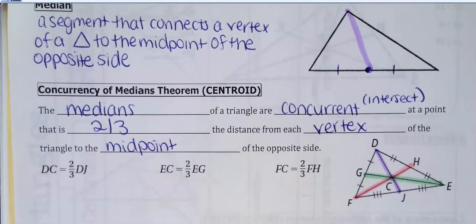Now, this is the technical definition, so I have to give this to you. You see all these little equations that have 2/3, but I'm going to show you an easier way to do it so you don't have to mess around with the fractions. The technical definition says the medians of a triangle are concurrent. If you remember yesterday, we talked about a point of concurrency being where 3 or more lines intersect.